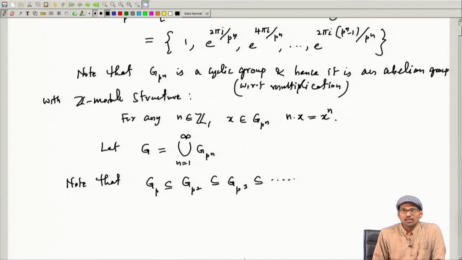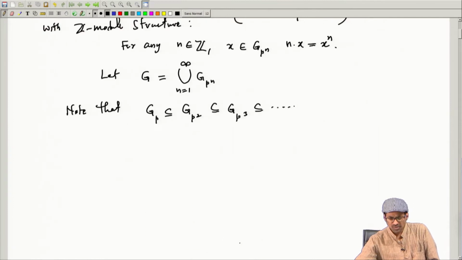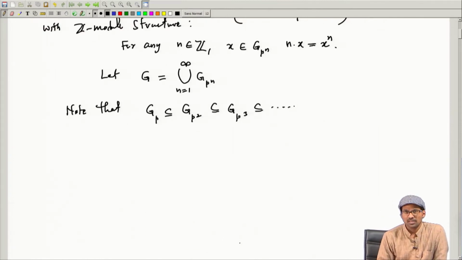Okay. A p^n root of unity is also a p^{n+1} root of unity, and so on. Because of this, this is an ascending chain of cyclic groups. So, we are taking G as the union of this ascending chain.